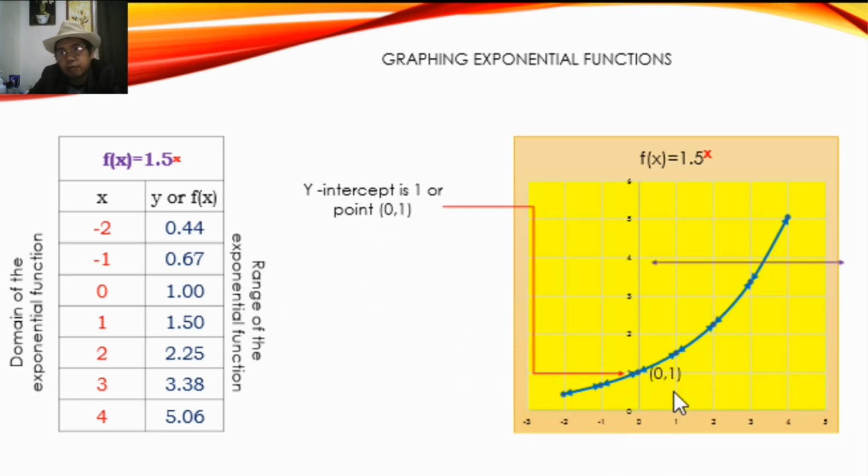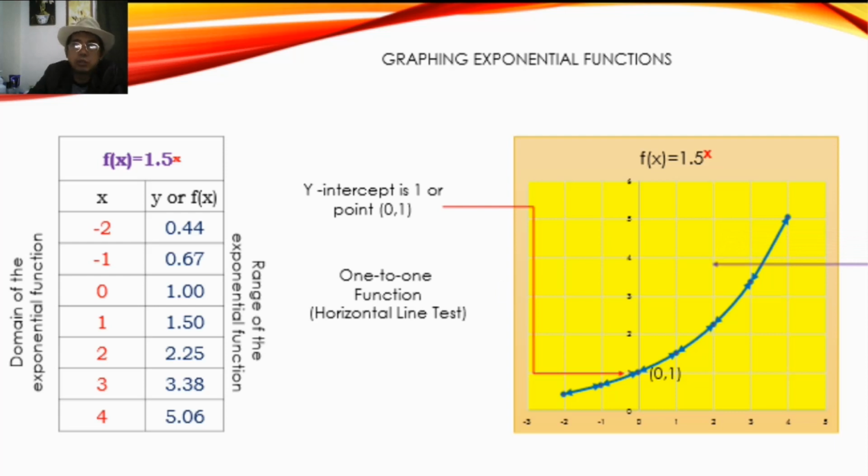Next, if I have that y-intercept, I also have a property of an exponential function which is called a one-to-one. One of the properties of the exponential function is that it is a one-to-one function. Why? Try to imagine this line.